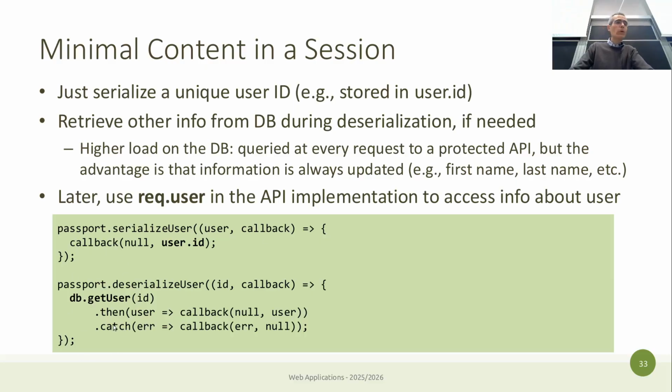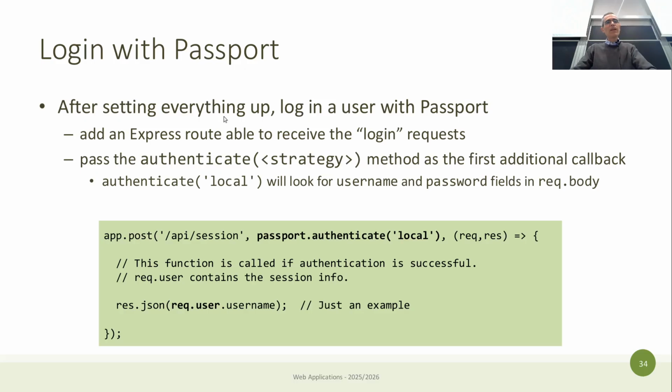So, Passport plus Express session, and it's just copy-pasting this code. Login: we need a route for login on the server. It's a POST, as we saw last time. /api/session is a recommended name, but again, up to you. /api/login is still fine, something reasonable.